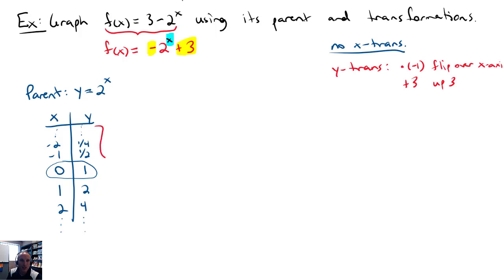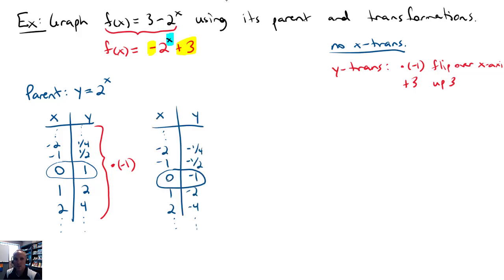So I'll go to my y column and I'll multiply these by -1 and generate a new xy table. So notice all my y values have been multiplied by -1. And now something I forgot to point out here, you want to keep track of your asymptote, which initially is y equals 0. When I multiply that by -1, it doesn't change.